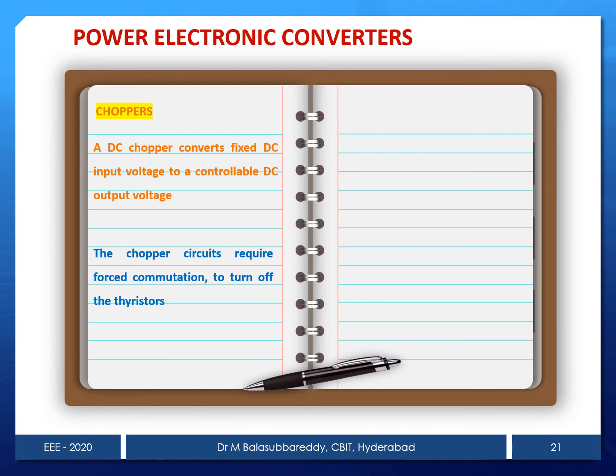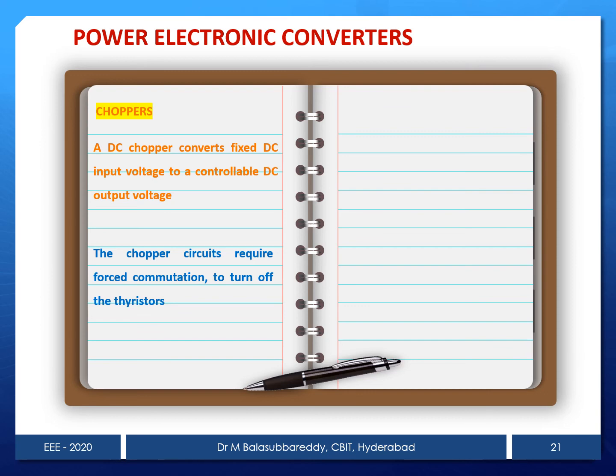Whereas in the case of the previous one, the phase control rectifier, the input supply is AC, so naturally the supply goes to 0 every pi. But in a chopper the input is a DC supply, and it never goes to 0 naturally. That is the reason we require forced commutation.